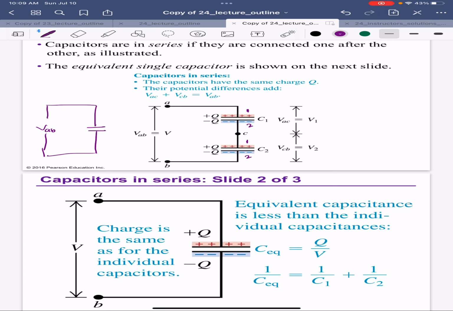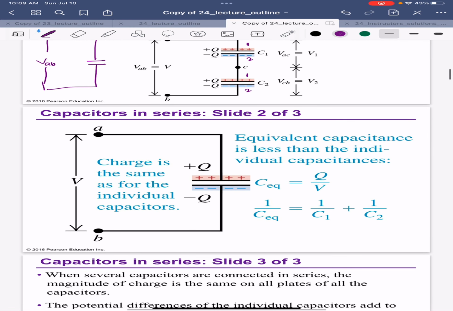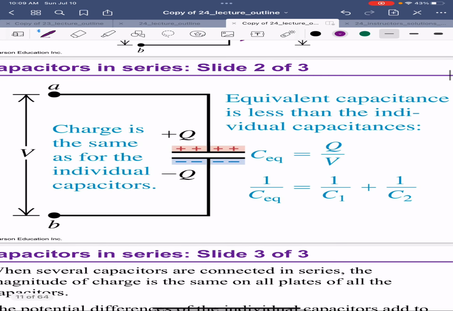Now, we can say that C equivalent is Q over V, where Q is the total charge divided by V, the total voltage. And therefore, we can derive here that V total is V1 plus V2.